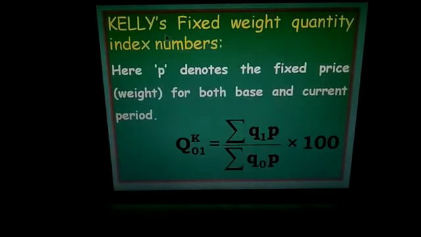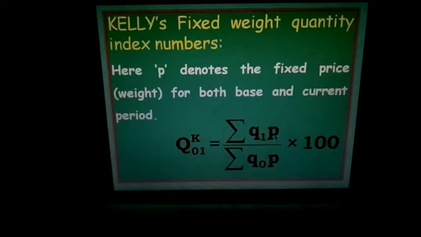Next one, Kelly's fixed weight quantity index number. Here it is fixed weight. That's why we have written P and P fixed as the weights. And this is the quantity relative: sum of Q1 divided by sum of Q0. So Q01K, this is Kelly's, sum of Q1 divided by sum of Q0 as the quantity relative form, with P fixed weight.